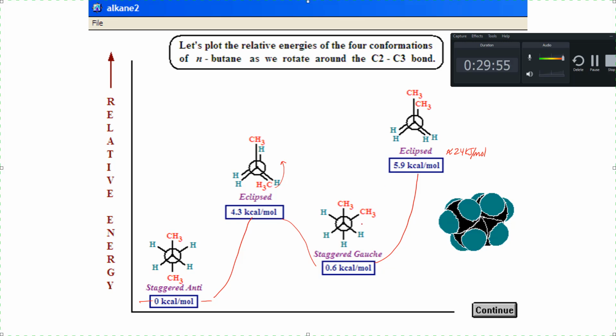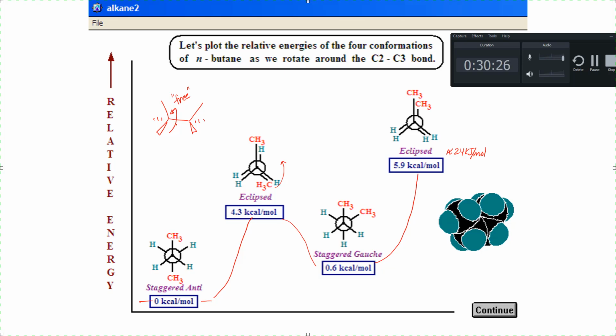So as we rotate around the carbon-carbon bond, we pay a price for forming more and less stable conformations. Now, I don't know if you remember, but in one of the previous videos, when we had a sawhorse representation, I think I said that there was quote-unquote free rotation around the carbon-carbon bond.